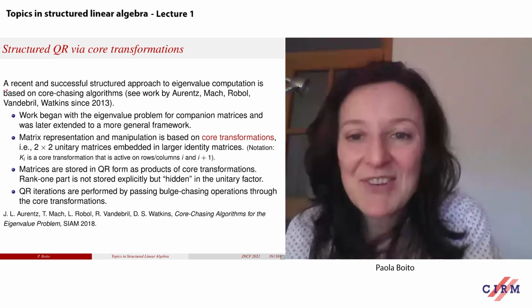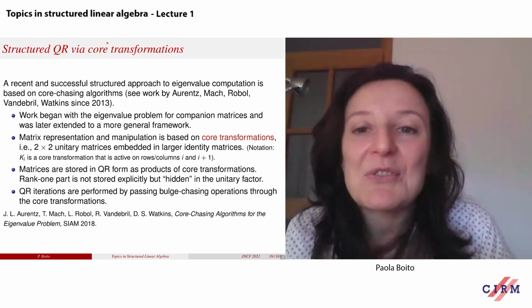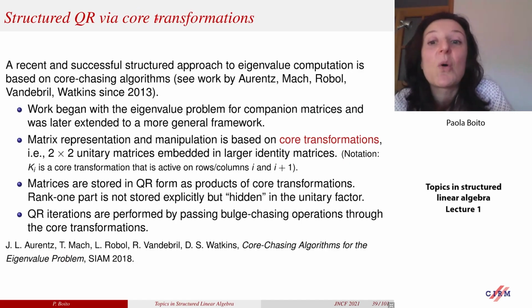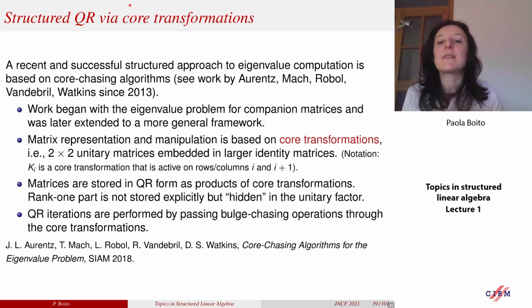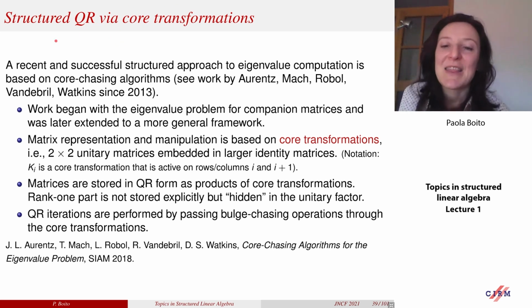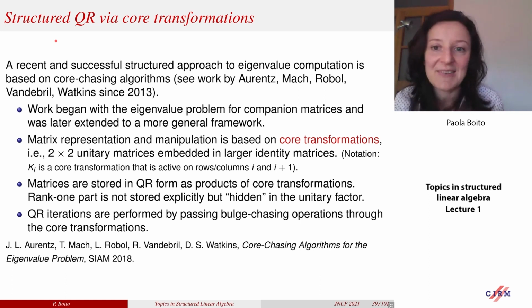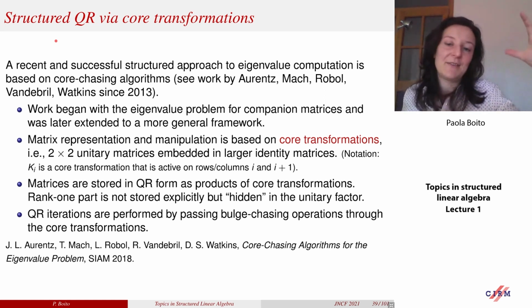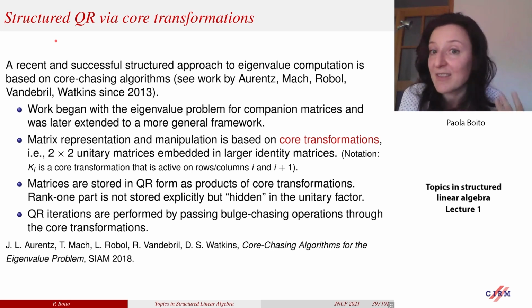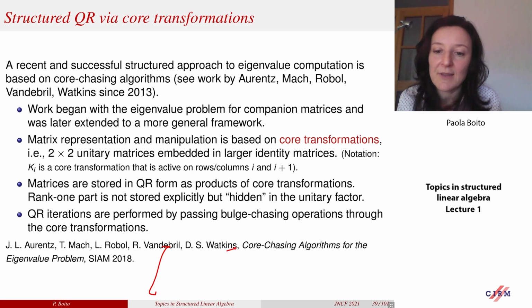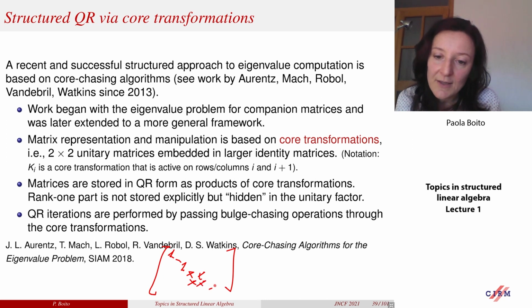Okay, so let me just say a quick word about the approach to structured QR that uses core transformations. Core transformations is a fancy term that basically means 2x2 unitary matrices embedded in a bigger identity matrix, like the ones we saw before. So you have your matrix, that's an identity, and at some point you have a 2x2 matrix, and then you carry on with your identity.